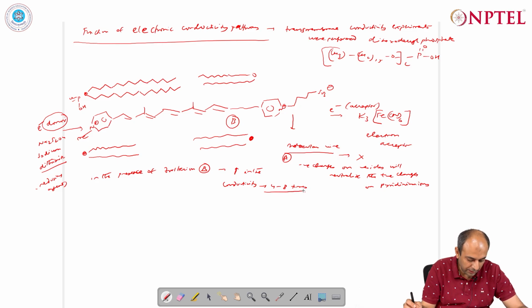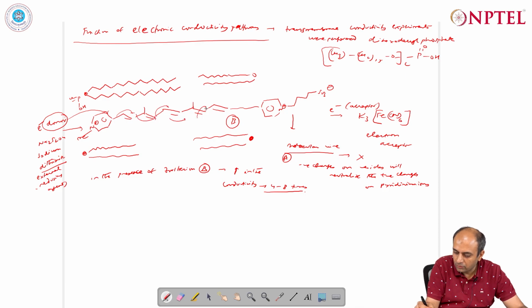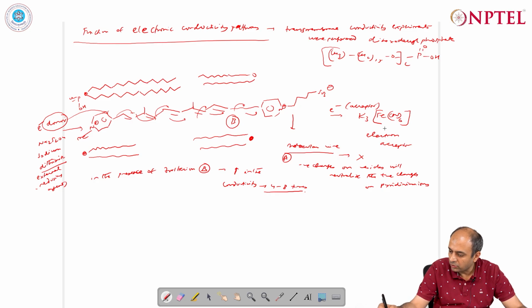This enhancement in conductivity takes place because now we have an internal oxidizing agent, which is going to get reduced, and we have an external reducing agent, which is going to get oxidized. So, this releases the electron, it is picked up by this molecular wire and transferred, this is the conducting pathway, and then it reaches the acceptor end, which is the internal oxidizing agent, and eventually gets reduced.